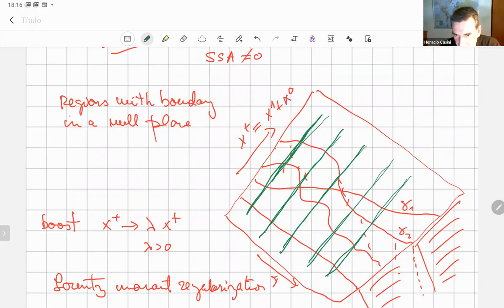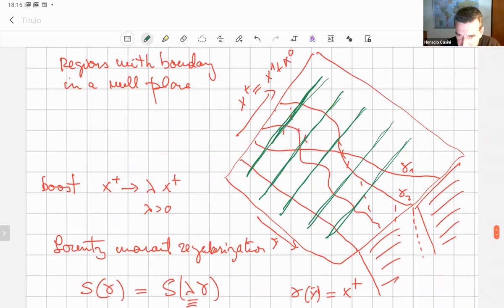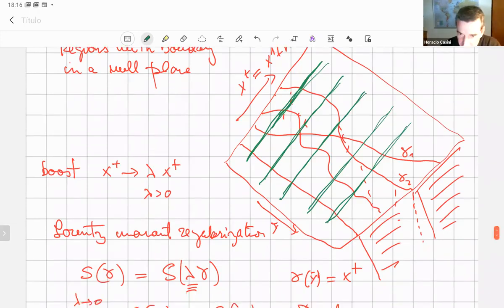For an interacting theory, this is not really correct. It's a nice way to think about it, but it's not really correct mathematically, because there is no algebra reduced to the null plane itself. So the best way to say that is just that the strong superadditivity saturates, and that's it. Okay, great.